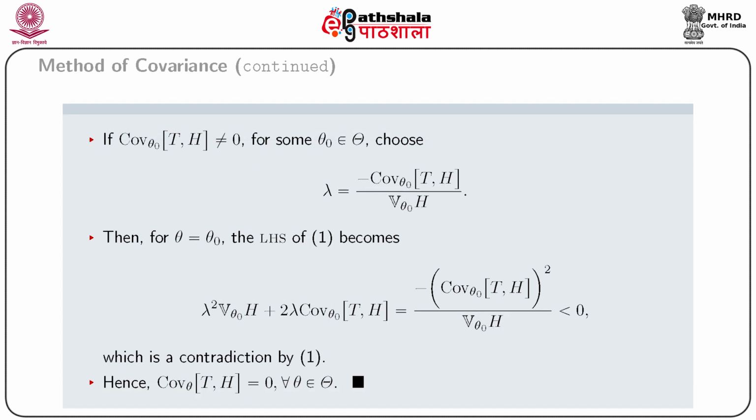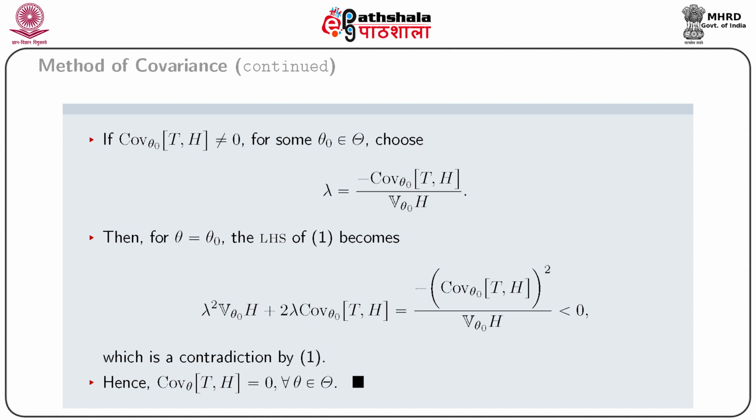Now, if covariance of T and H is not equal to 0 for some theta naught belonging to Theta, then we choose lambda equals minus covariance of T and H under theta naught, whole divided by variance of H under theta naught.